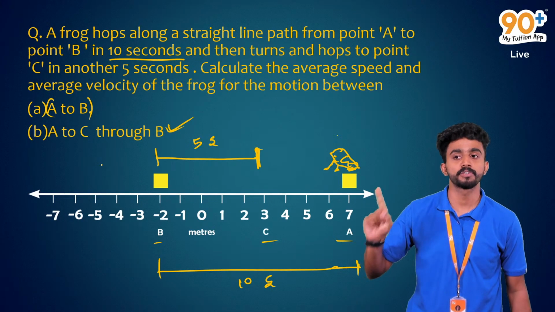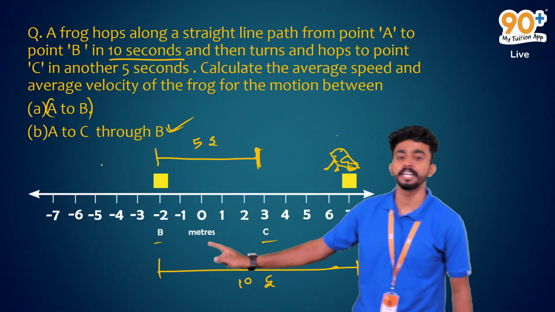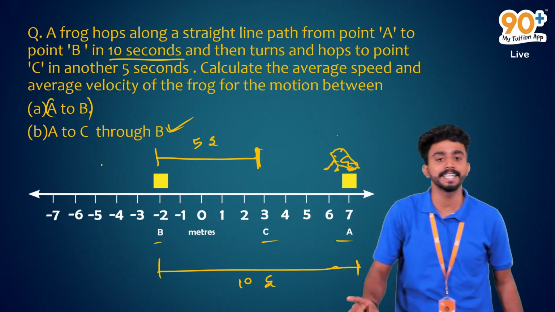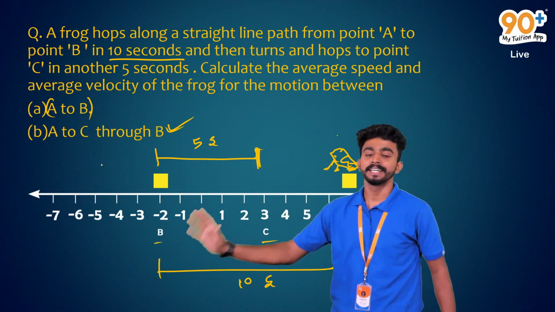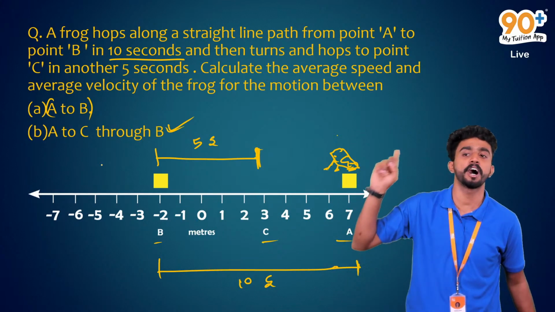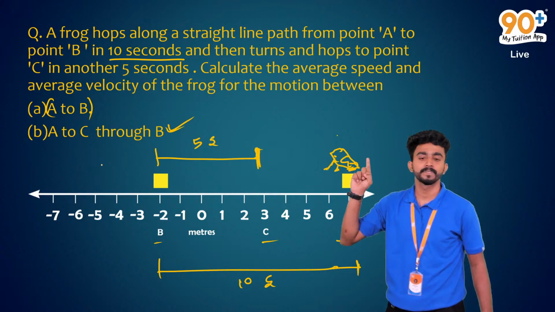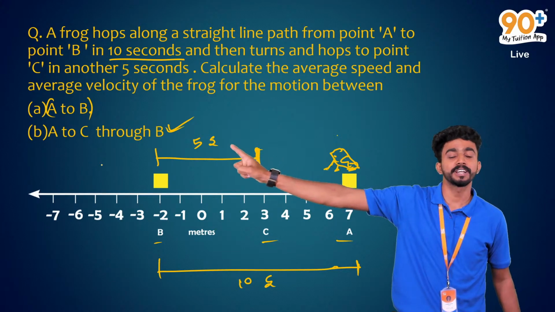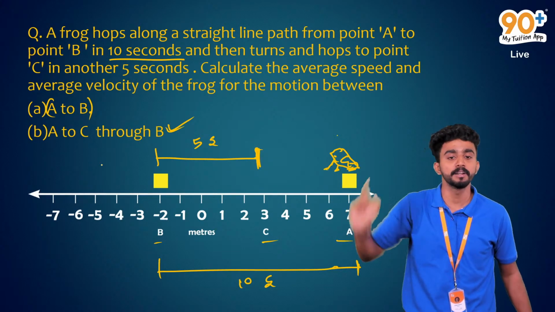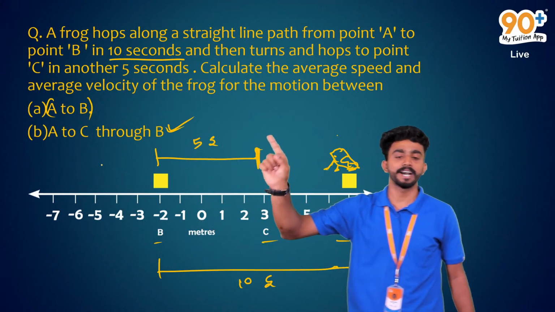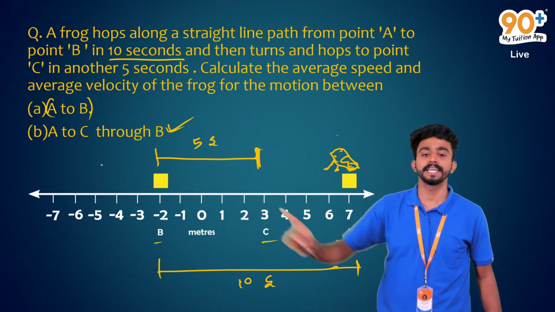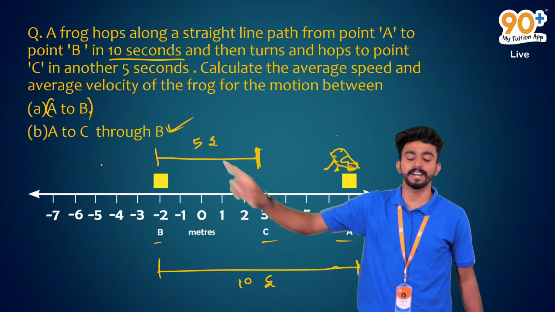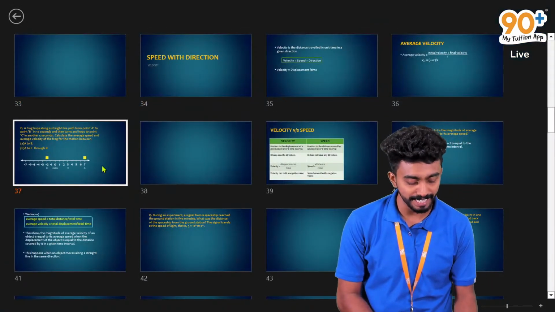So for the frog to hop from A to B, from the question itself, we can see that the frog is hopping using 10 seconds from A to B. Then it comes back to C. For that, how many seconds, Anika? 5 seconds. So the total will be 10 seconds plus 5 seconds, which is 15 seconds.